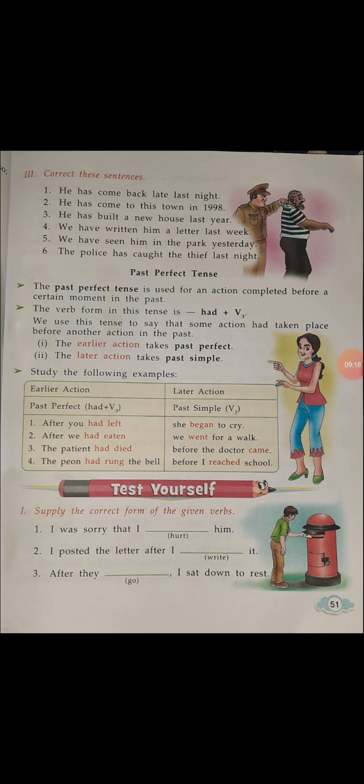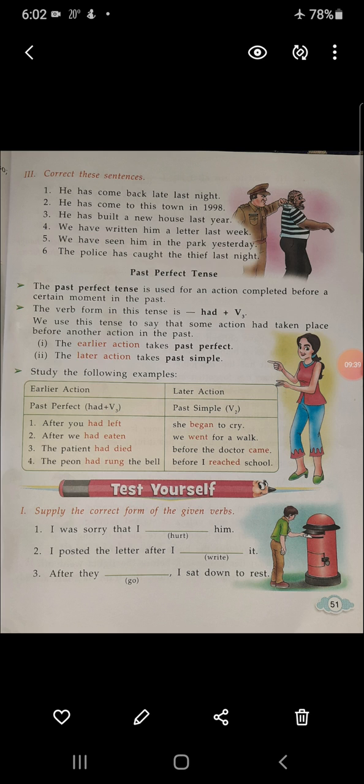Past simple. One thing has completed and the other thing started. Like after you left, she began to cry. One sentence, after you had left, is in past perfect tense.